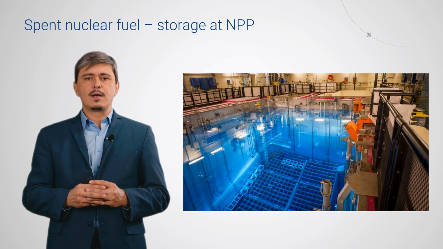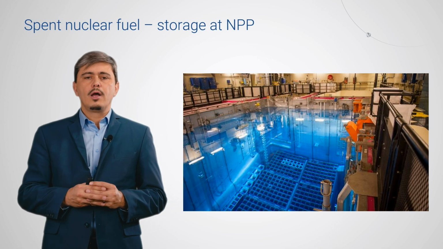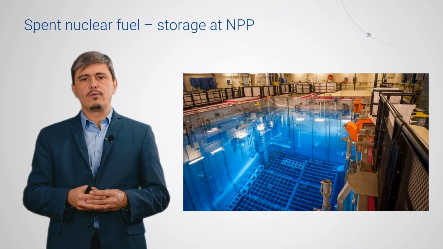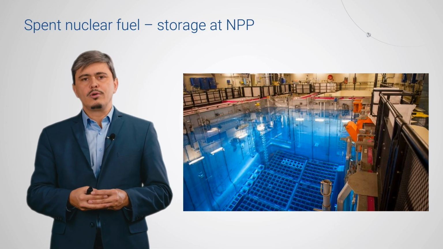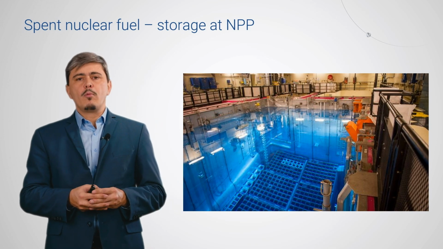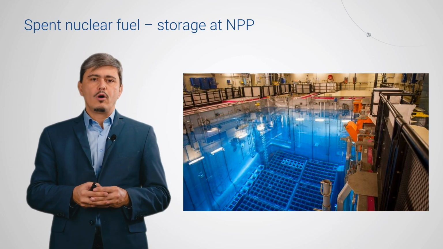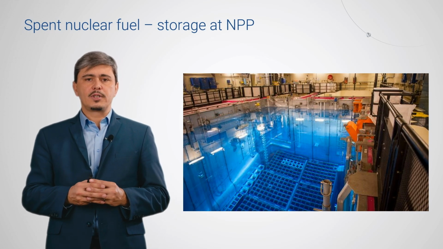On this slide we see an example with an open storage cooling pool with special circulation of cooling water. In this pool, this fuel will be stored for several years. But eventually, at some moment, the temperature of the fuel will be low enough to allow its transportation.